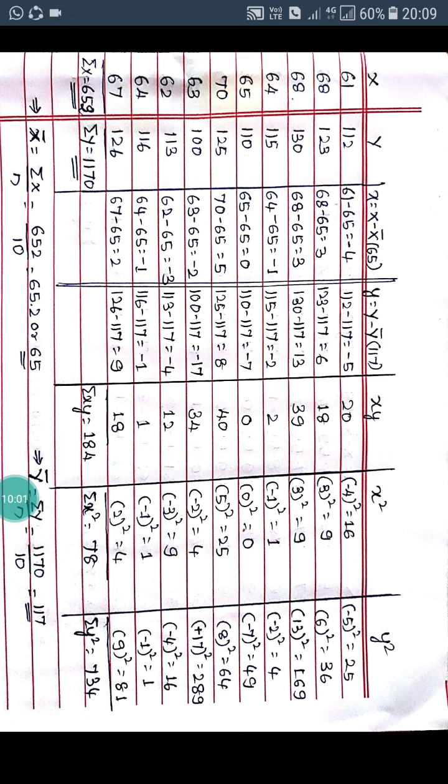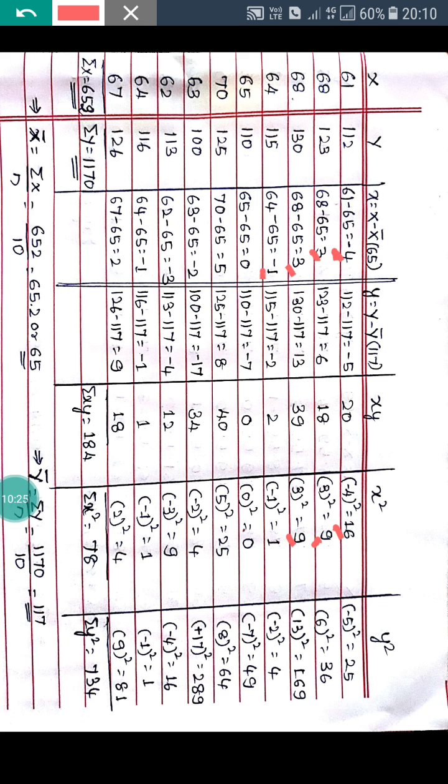Next, come to the x square value. Now for x square, you should calculate the square of each x value. Minus 4 into minus 4 is 16. 3 into 3 is 9. 3 into 3 is 9.